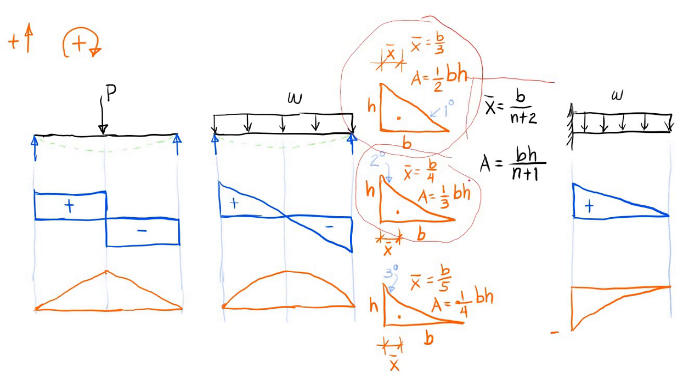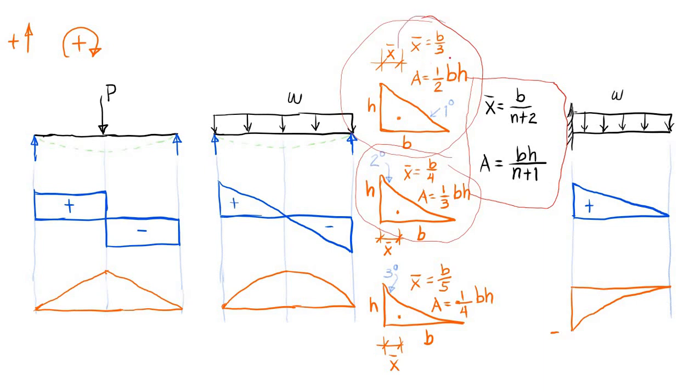Now, based on these presentations, we can derive these formulas here. Our x bar should be, if this is the degree n of this curve here, then our centroid should be equal to b over n plus 2. If this is first degree, n equals 1, plus 2 equals 3.